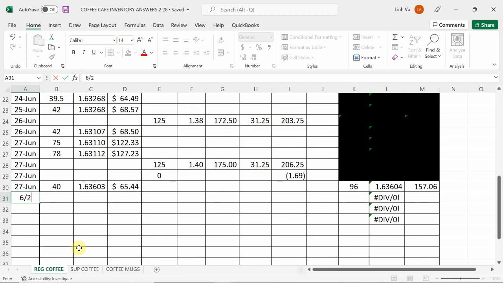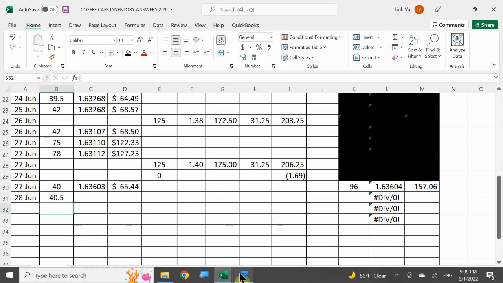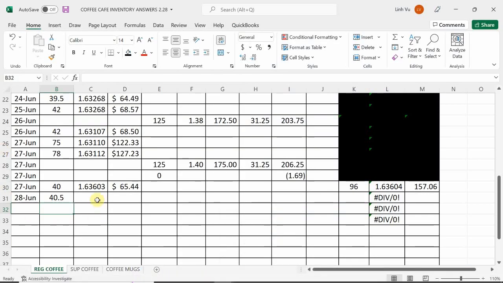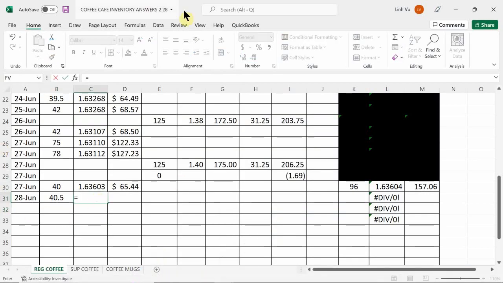So it is the 28th, 40.5 pounds of the regular. And my average cost right now is going to be $1.63604.